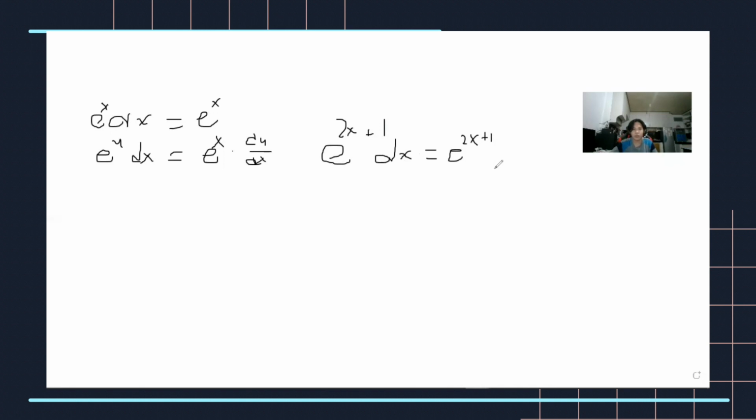Then by chain rule, times the derivative of 2x plus 1, which is 2. So the final answer for this would be 2e raised to 2x plus 1.